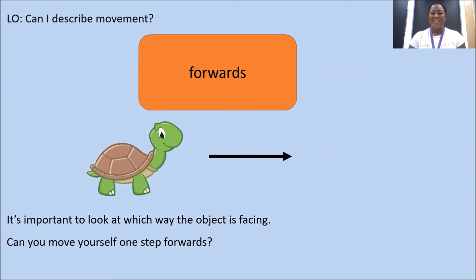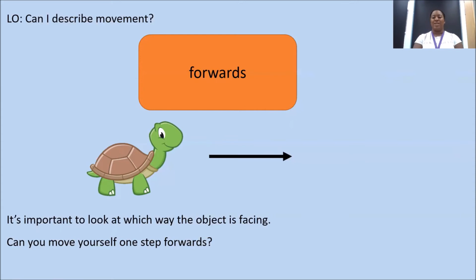Okay, our next word then is forwards. This is one that lots and lots of you will know, and it's not too tricky. When we're moving forwards, we need to look which way we are going. If you can see our turtle up here, our turtle is looking forwards, so he will know to walk forwards. So forward is going the same way that your face is looking.